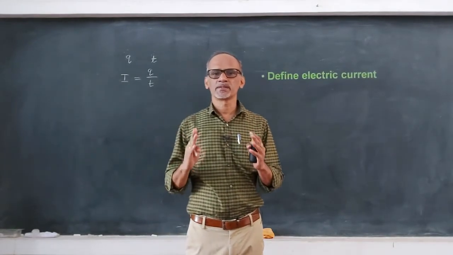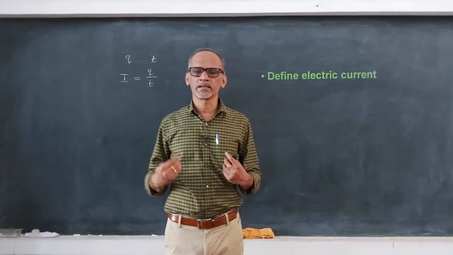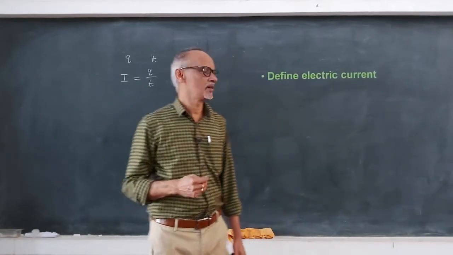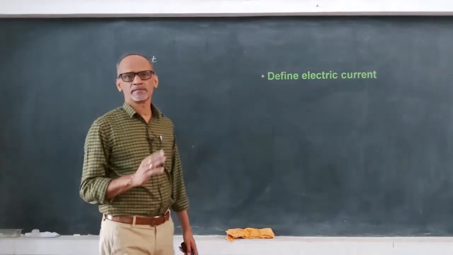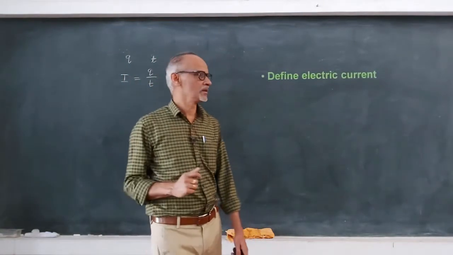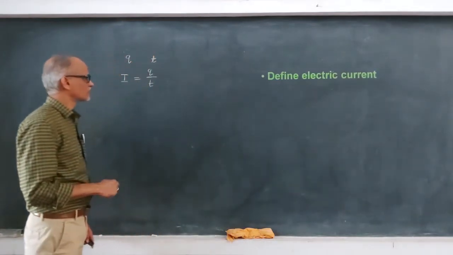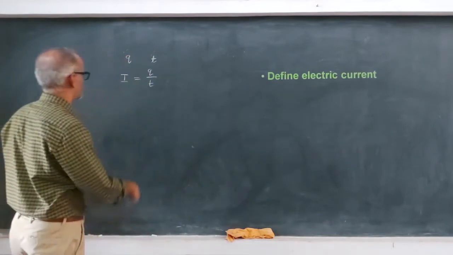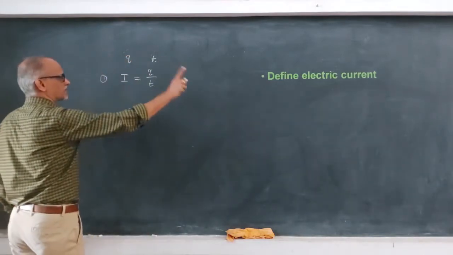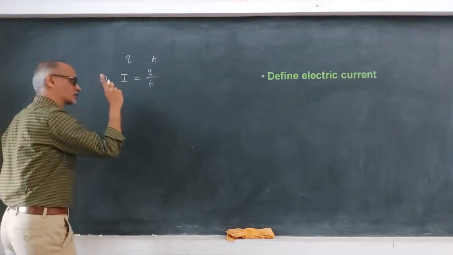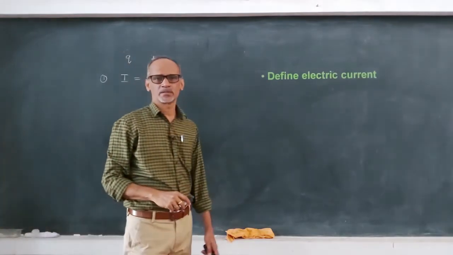That depends on how strong that current is, or how high the voltage developed across our body is. I am sure you must have experienced at least once in your life what electric shock means. Therefore, that shock is nothing but the flow of electrons through our body. So, the first point, the definition: a rate of flow of charges is called electric current.